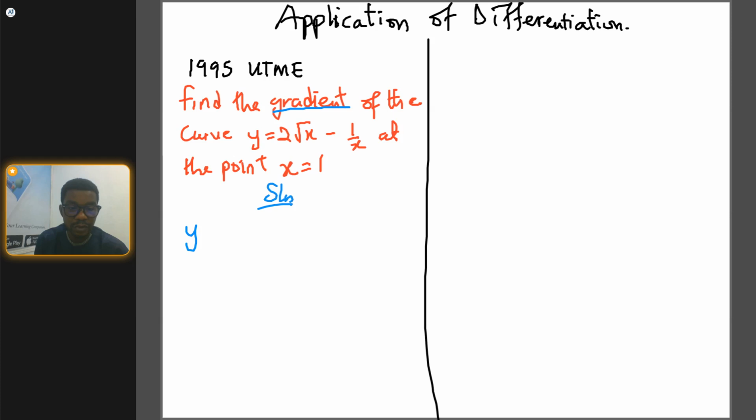The curve given to us is 2 root x minus 1 over x, and we want the dy/dx of this expression.